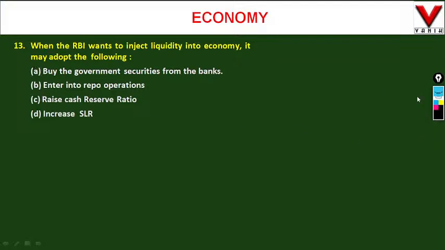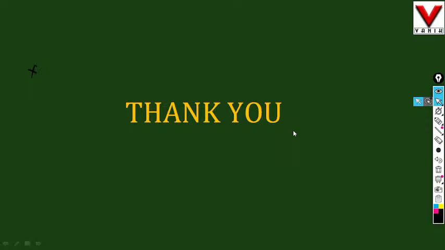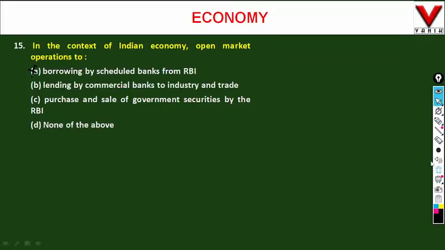What I am reading here: borrowing by scheduled banks from RBI, no. Lending by commercial banks to industry and trade, no. Purchase and sale of government securities by RBI, yes. None of the above, no. It's C. It's always C.